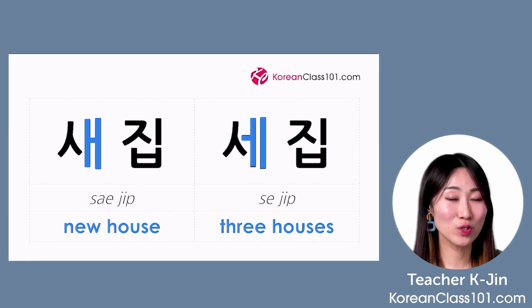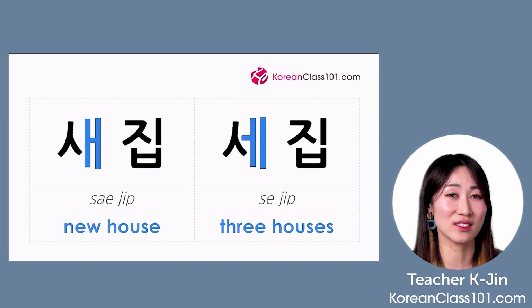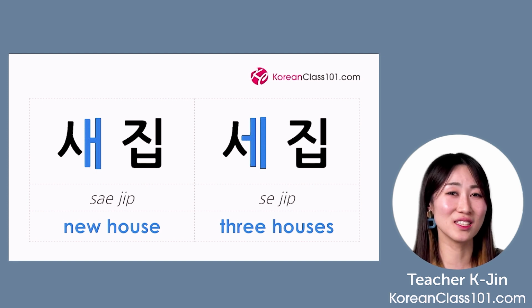But actually, when we speak with other people, we don't really care about these small differences, and we just say it like this. First one is 새집. Where is your new house? 새집 어디야? 새집. The second one, 새집. Oh, three houses. 새집. Do you see the differences?